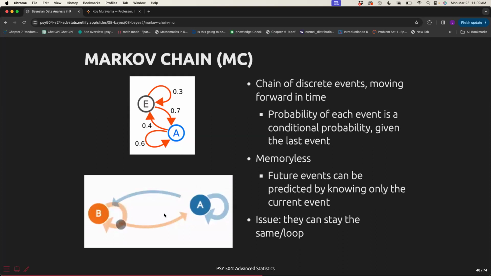This is a nice little animation of how you move through this parameter space. One issue that can arise is that you might stay in the same loop and not explore the parameter space.